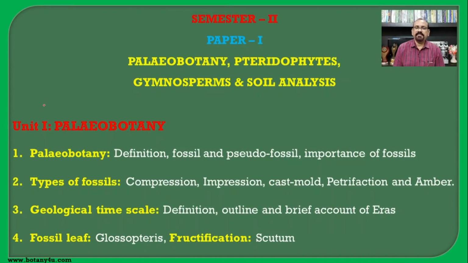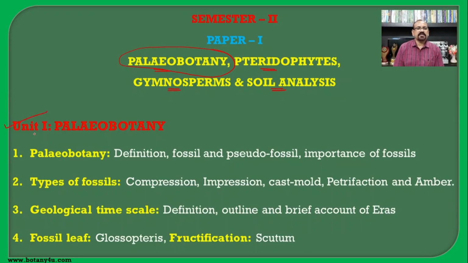The first paper of this Semester 2 includes Palaeobotany, Pteridophytes, Gymnosperms and soil analysis. That is, the 4 different topics are bifurcated into 4 different units, and the first unit is based on Palaeobotany that we will see in today's lecture.